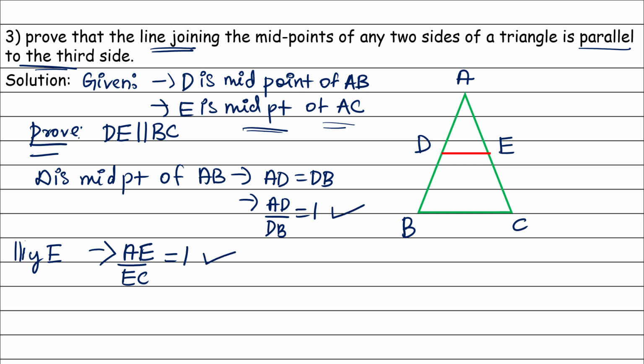So we are going to get AD by DB is equal to AE by EC. Mark this as equation 1.